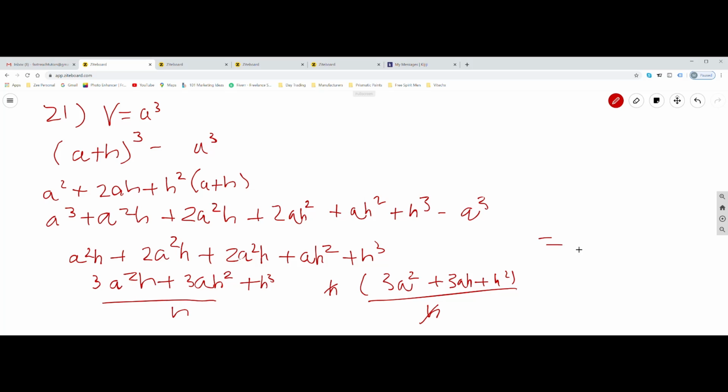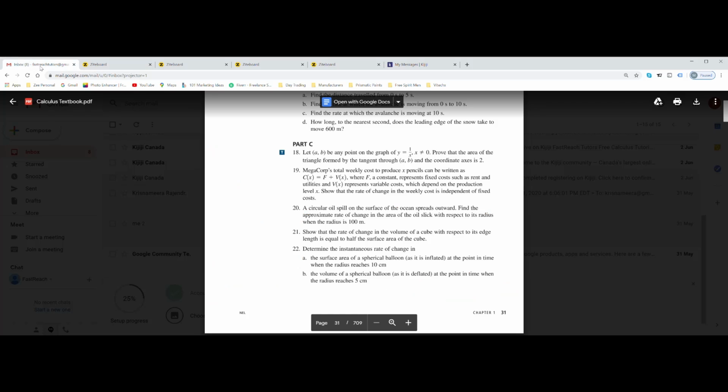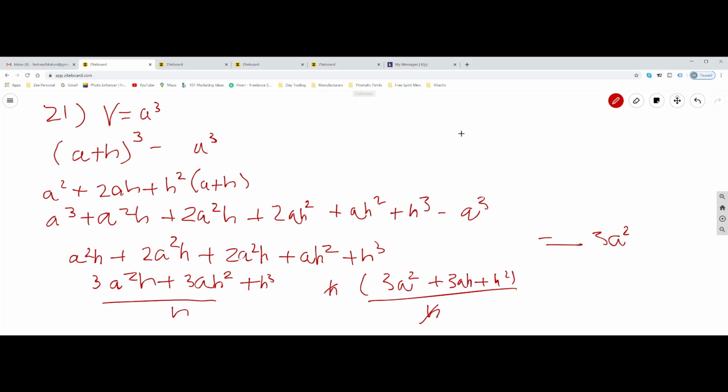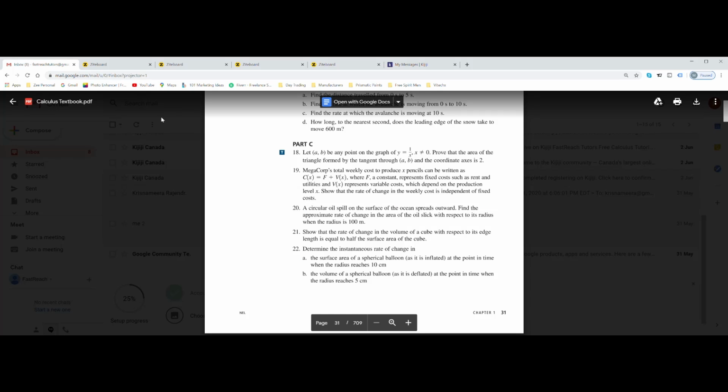Then you substitute 0 for h and you're left with 3a squared, which is equal to half the surface area of a cube.